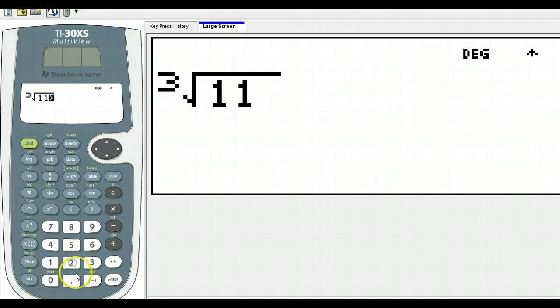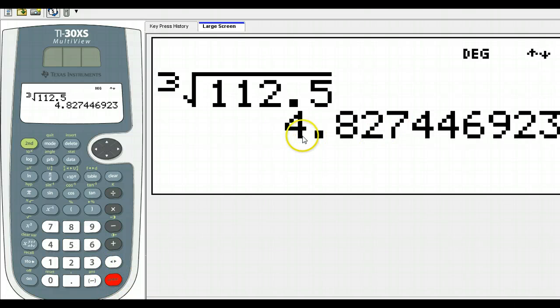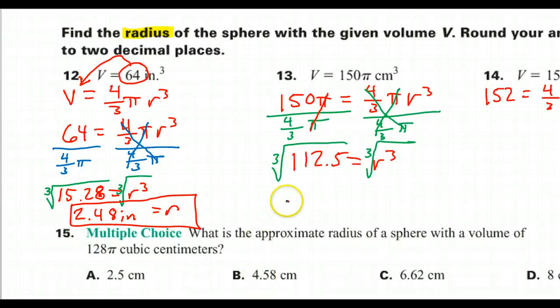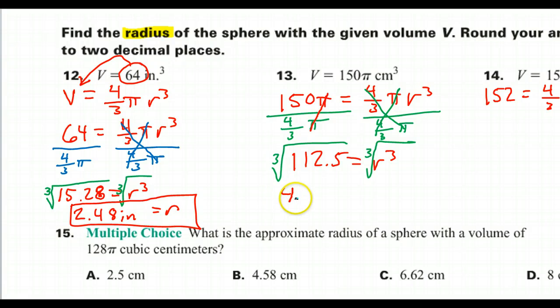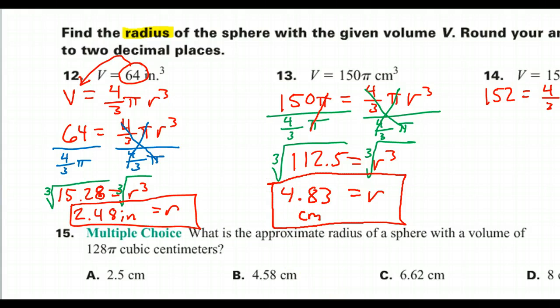So that was 112.5. That gives us 4.83, and that is centimeters. So that would be your radius for number 13.